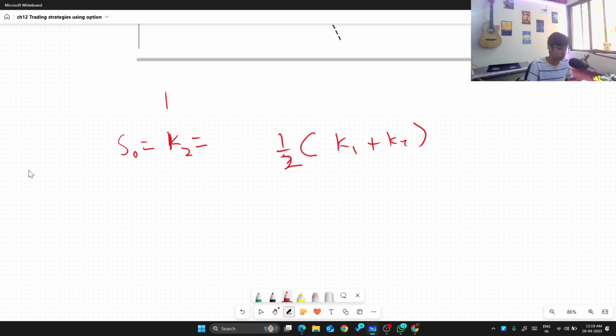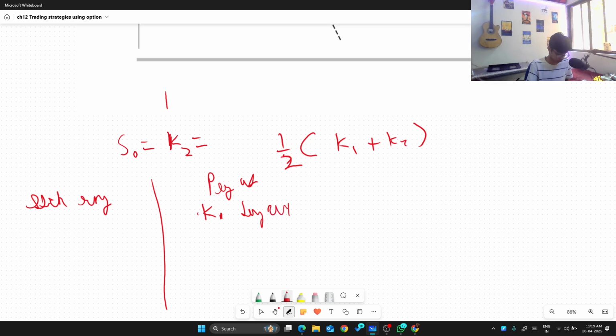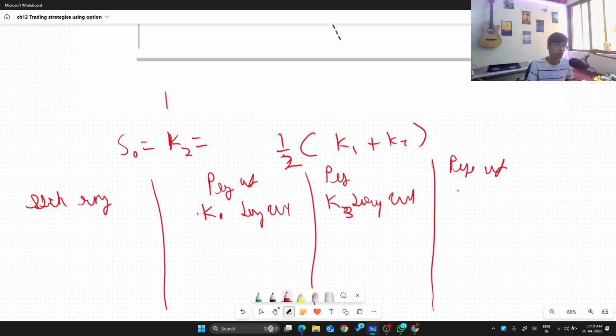So the diagram would be stock range, payoff of long call K1, payoff of long call K3, sorry, and fourth would be payoff of short call, and fifth total payoff.